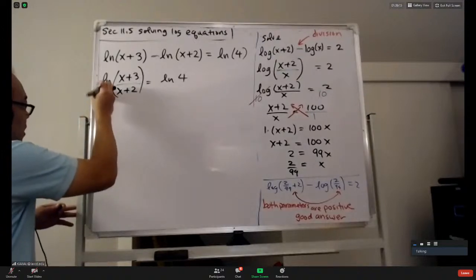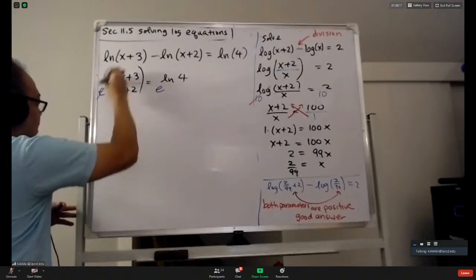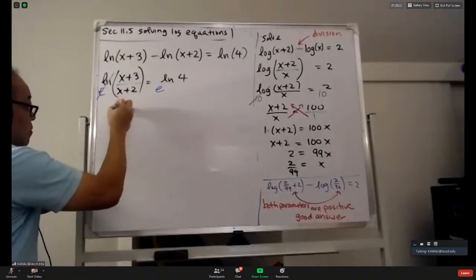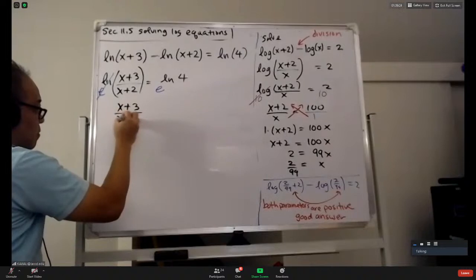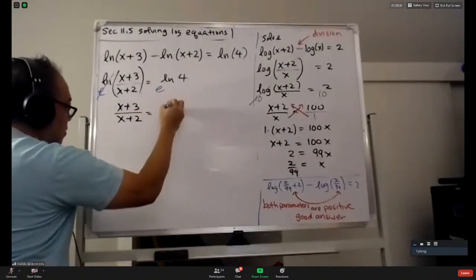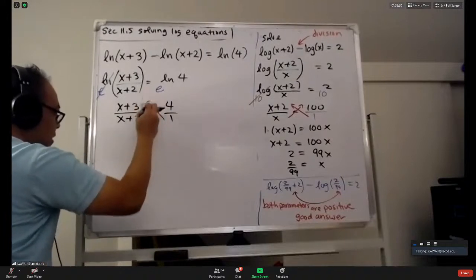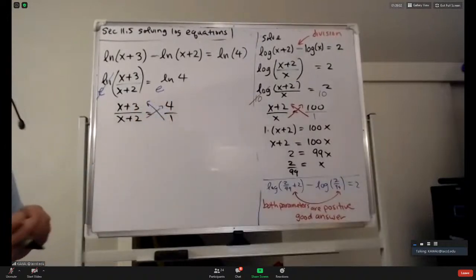So we'll go e and e, and that crosses out, and we get, okay, now do cross multiplication, this times this and this times that.